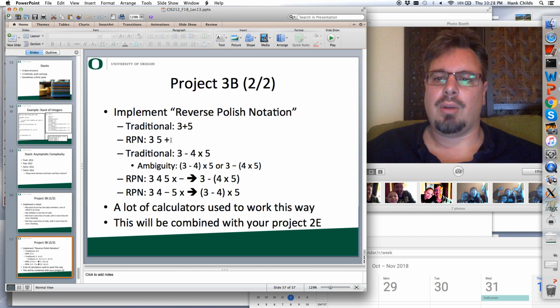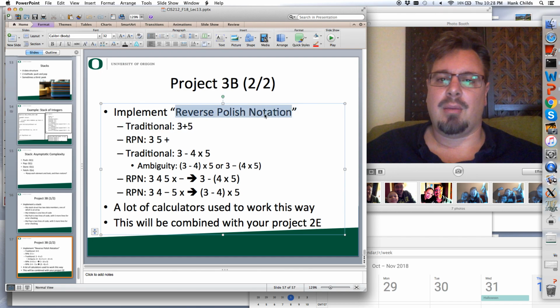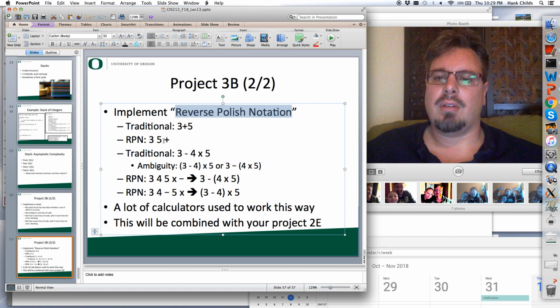So we are going to extend your project 2E to work the way that calculators actually used to work pretty commonly. It's referred to as reverse Polish notation. The idea is where if we were entering in a calculator, we'd say 3 plus 5. With reverse Polish notation, you'd say 3, 5, and plus. If you have this with the traditional notation, 3 minus 4 times 5, there's 2 ways to parse it.